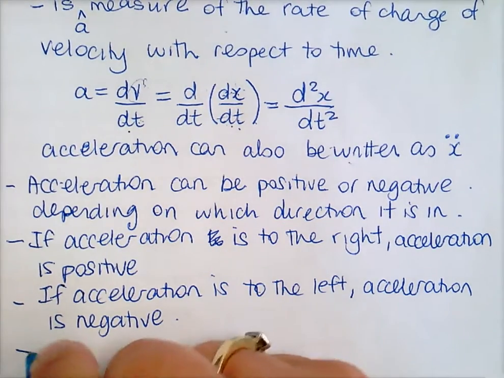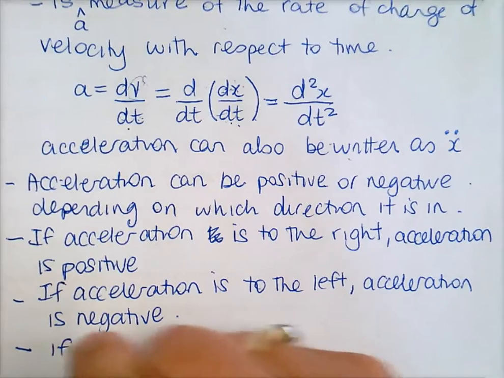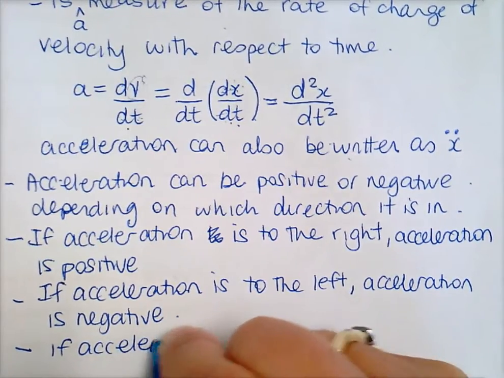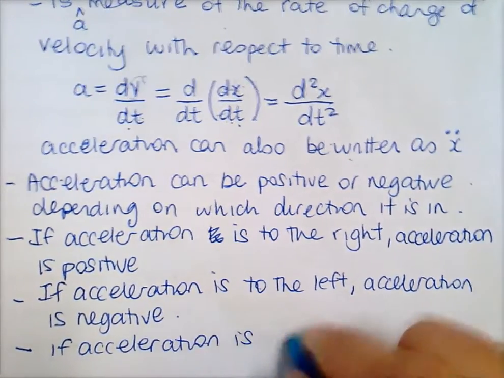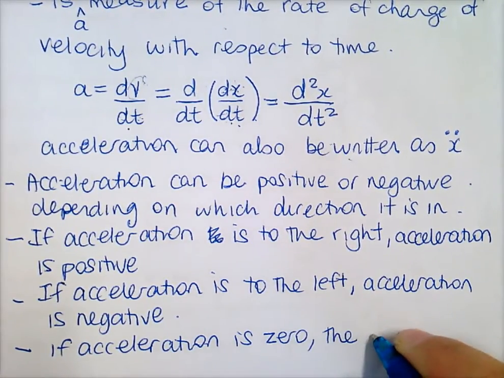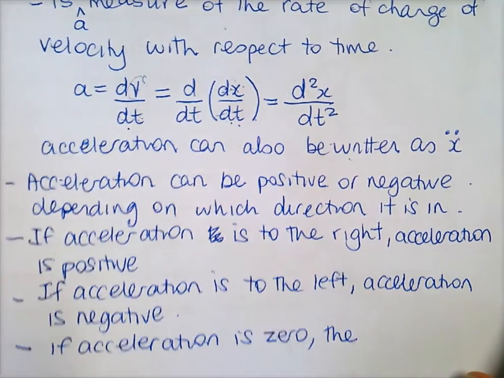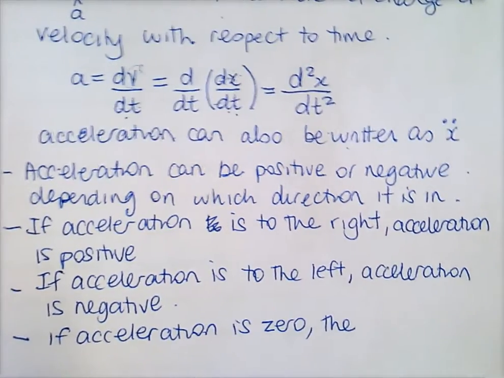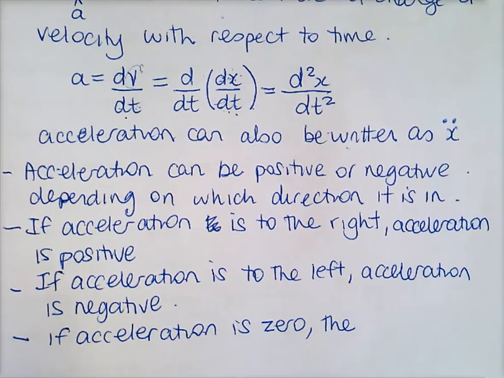I'm going to draw these in a minute. And if acceleration is 0, the speed is not changing. Girls, I can put my car into cruise control. So I can be travelling on the highway at 100 kilometres an hour. I'm not accelerating. I'm travelling at the same speed. So when you're travelling at the same speed, you are not accelerating.